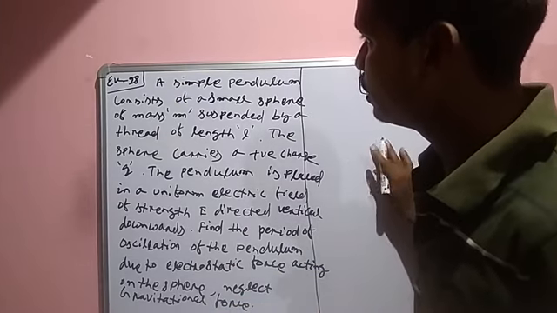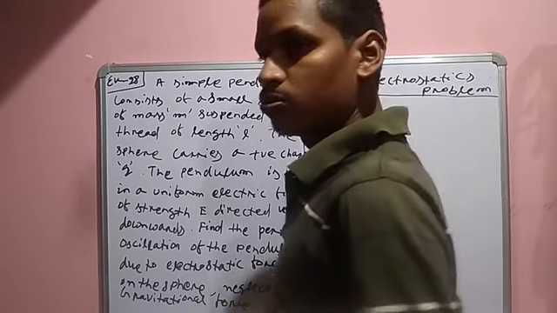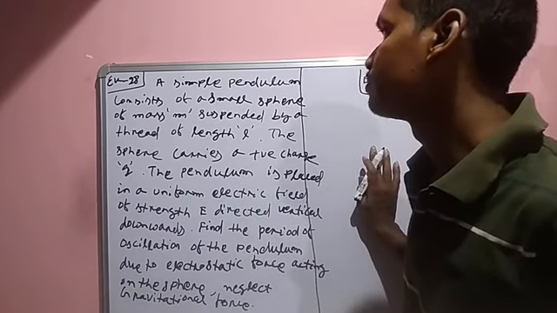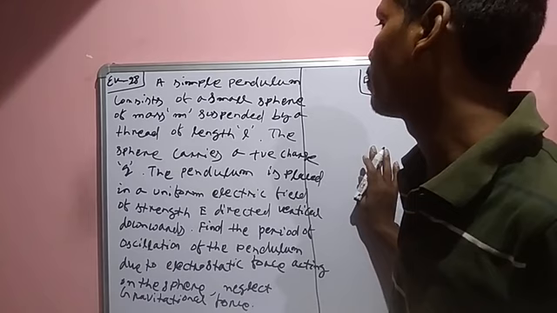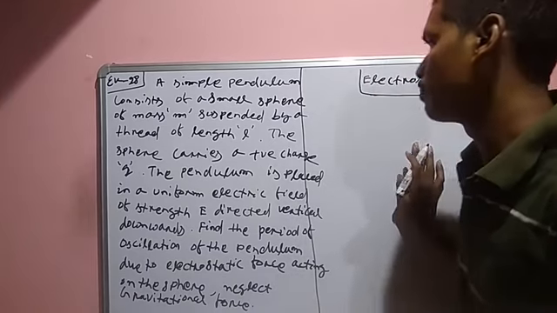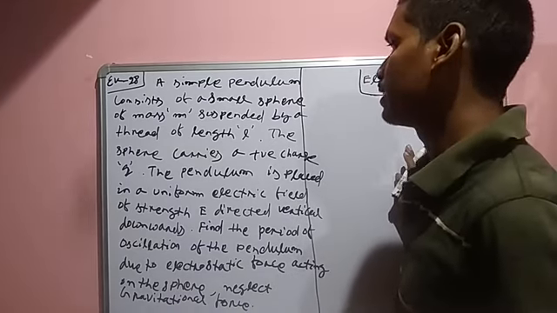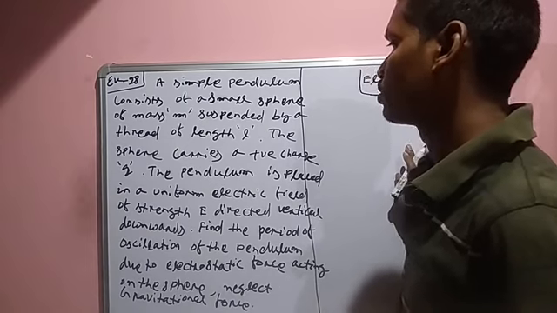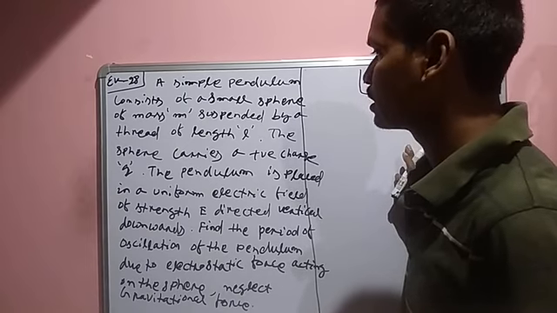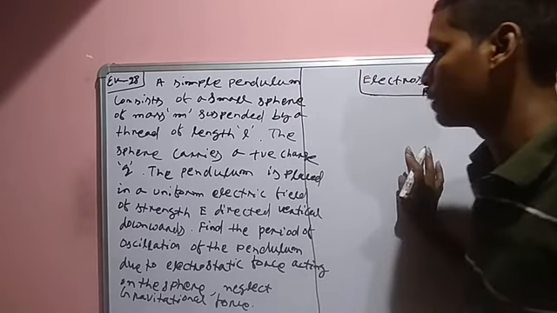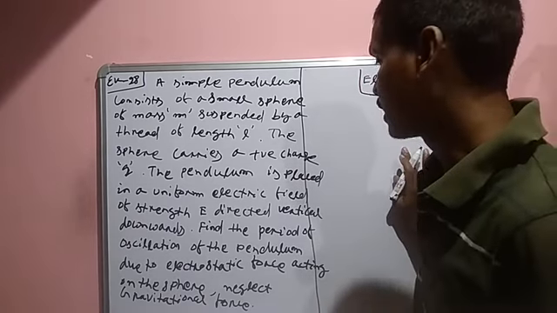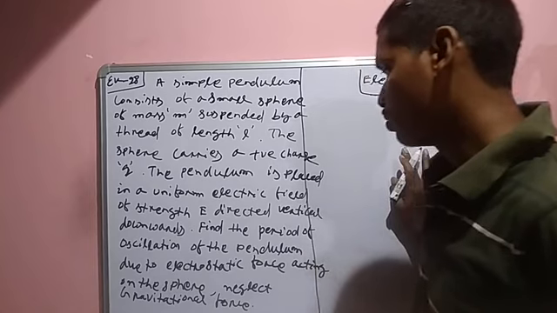Example 28, the question from the book by S.L. Arora. The question is: a simple pendulum consists of a small sphere of mass m suspended by a thread of length L. The sphere carries a positive charge Q. The pendulum is placed in a uniform electric field of strength E directed vertically downward.